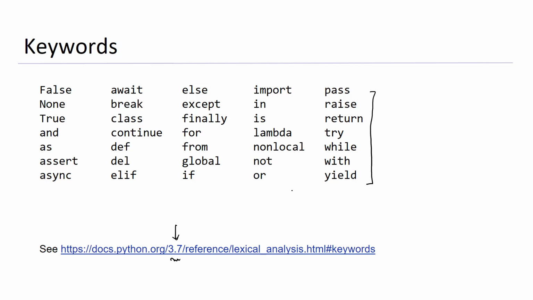None of these keywords can be used as variable names. We have seen in the previous slide an example of if, and we have also seen an example of for, which is somewhere here. So these are not allowed to be used as variable names in Python.